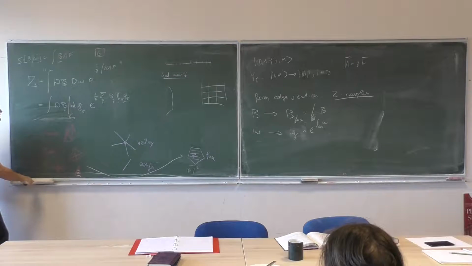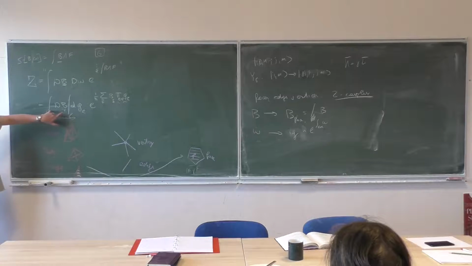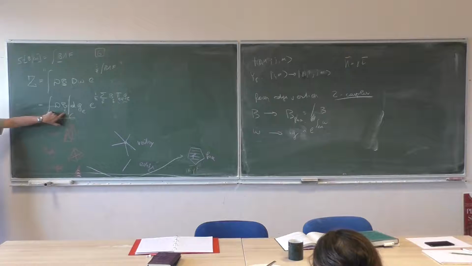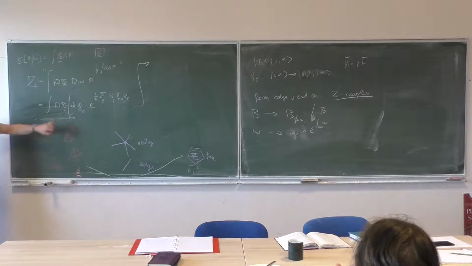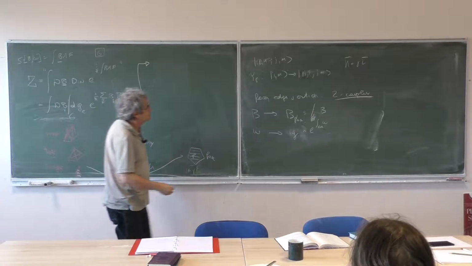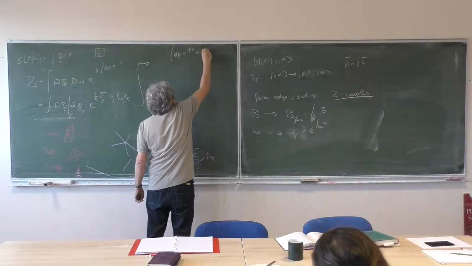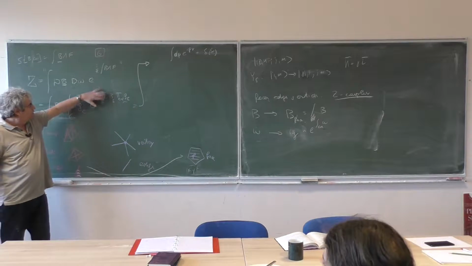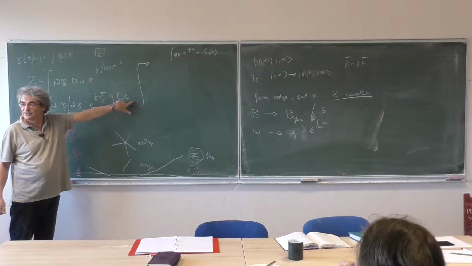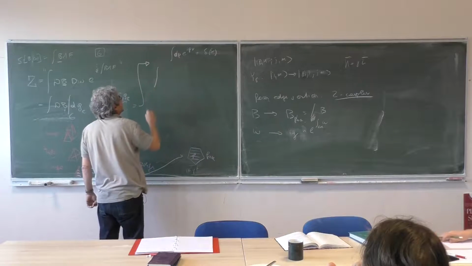And then I can do the B integral, at least formally, and finally end up with an expression which is actually well defined, and it's very simple, by noticing that this is of the kind, the integral dp e^{ipx} is proportional to delta of x up to some 2 pi or something like that. So this is going to be, when I do these integrals, 0 unless this is 0.